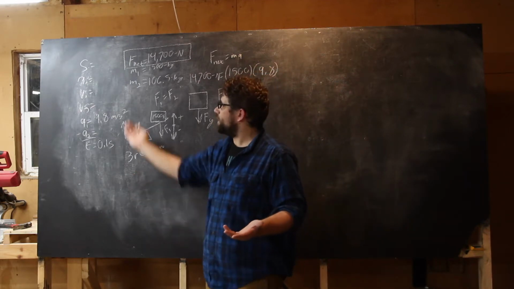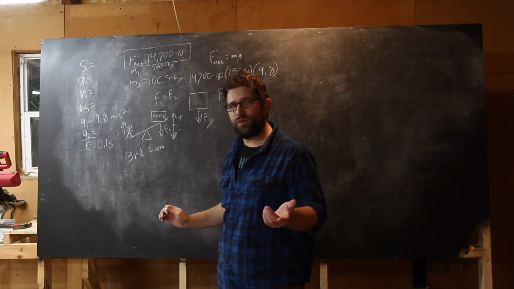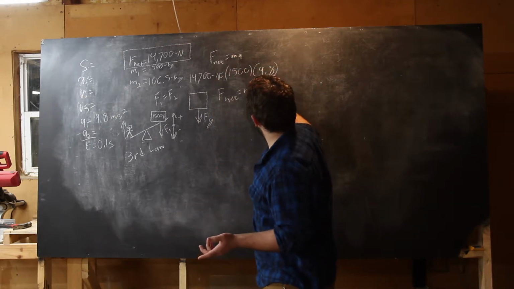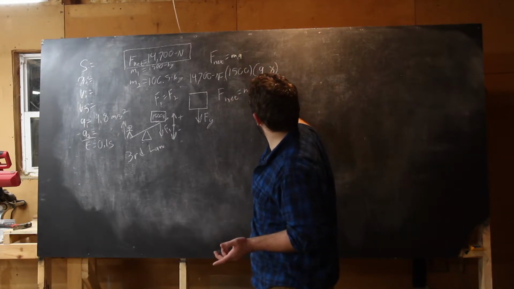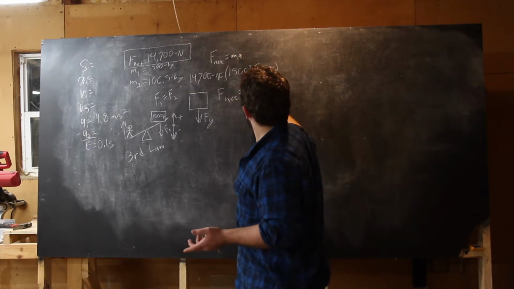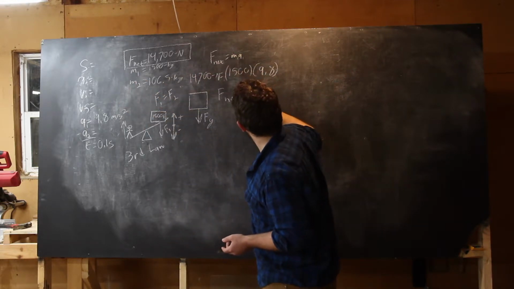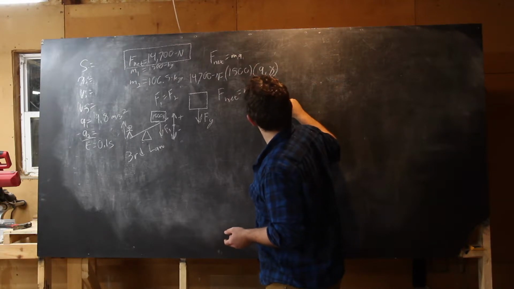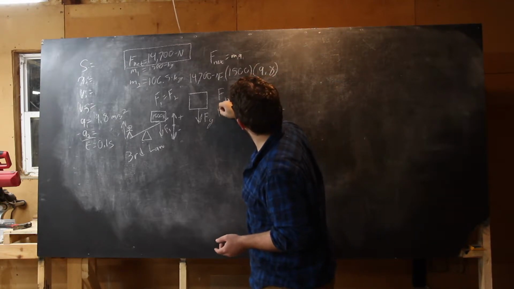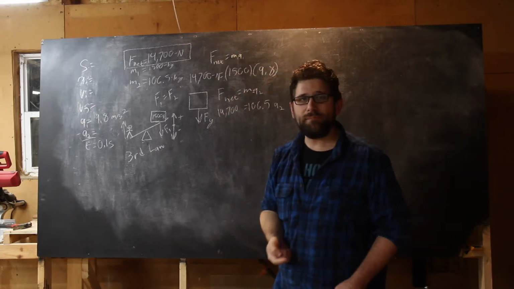The force that I'm being launched with is proportional to the force that this is falling down with. So F net equals MA, M2A2 really, and this would be M1A1. So M2 is 106.5, times A2 is equal to 14,700.